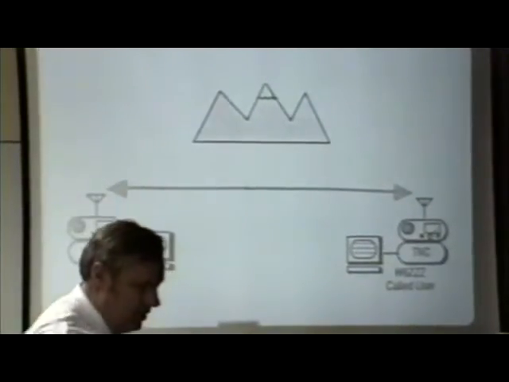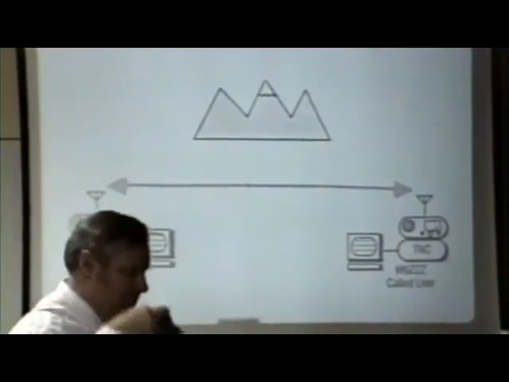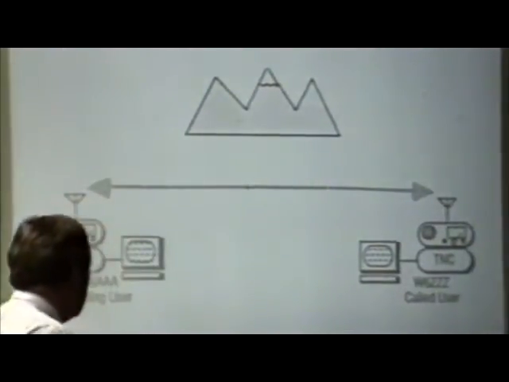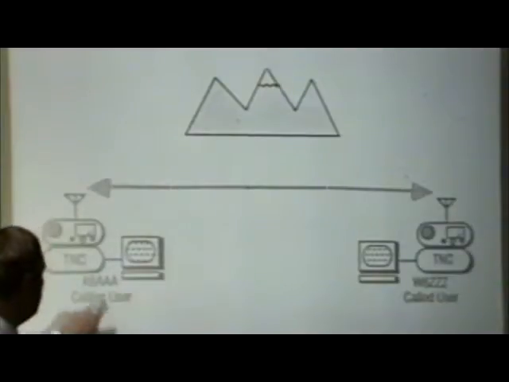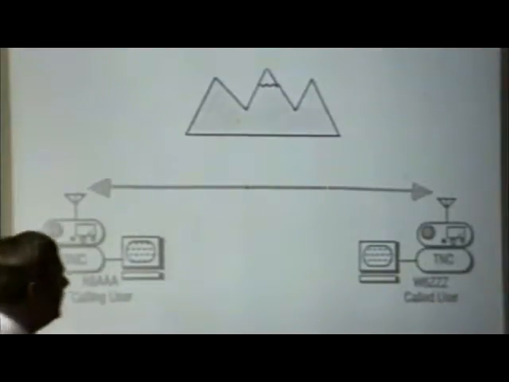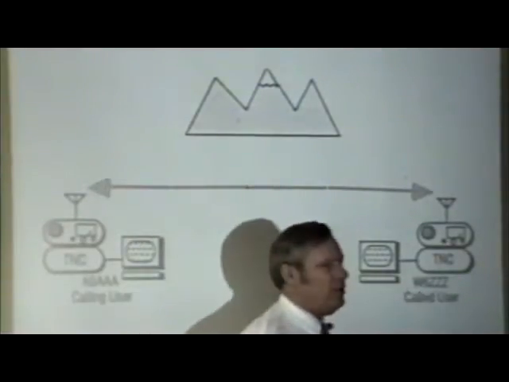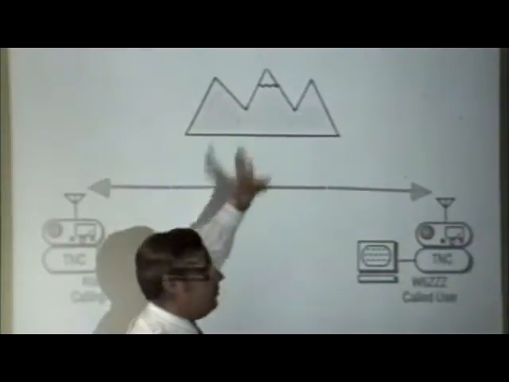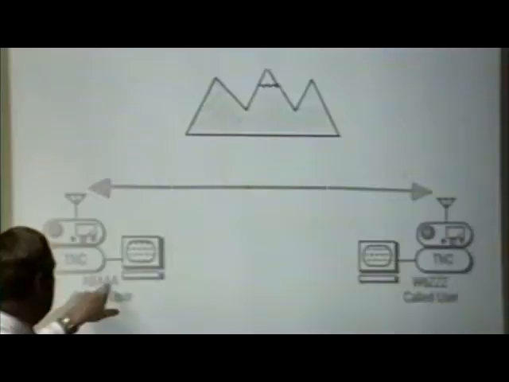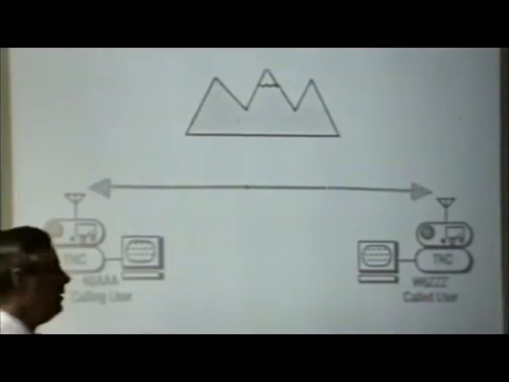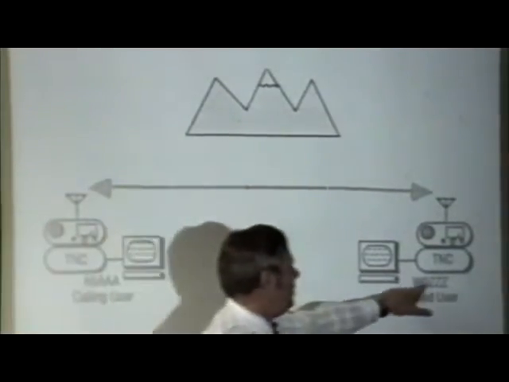Okay, basically this is kind of what we've been talking about for the last few weeks. You've got two stations here, K6AAA and W6ZZZ, who have a mountain that's out of the way. K6AAA says connect to W6ZZZ.